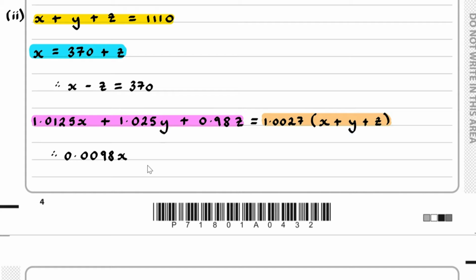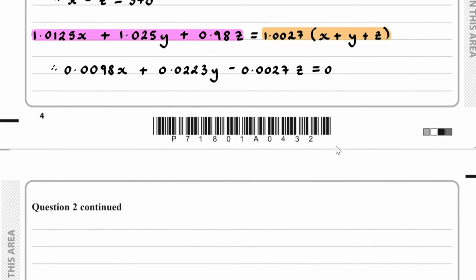So that is the same as 0.0223y. And then in terms of the z's, we've got 0.98 subtract 1.0027. So that's minus 0.0227z. And this is equal to 0.